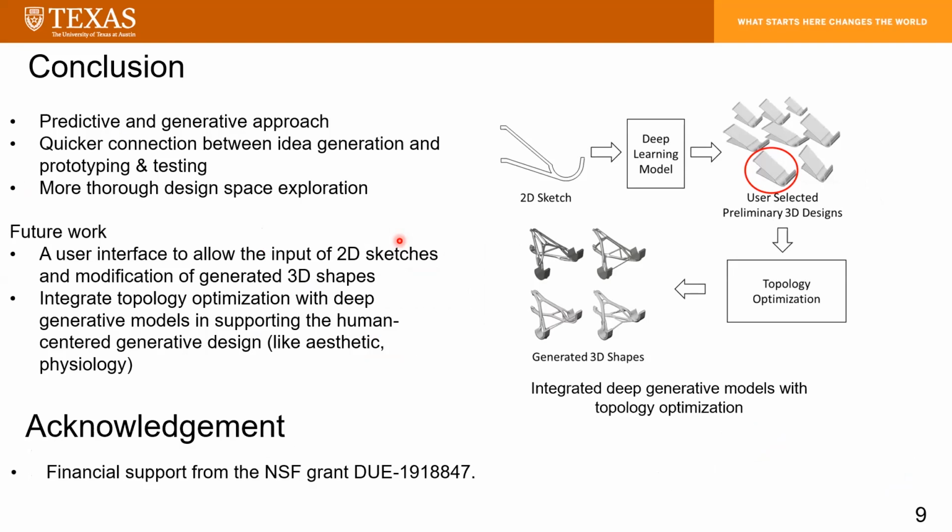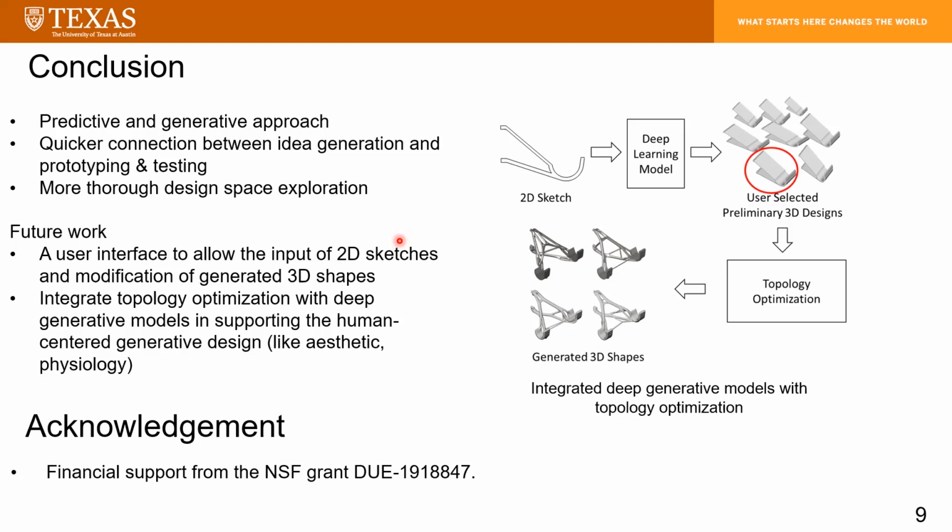We still have some limitations in the current method, because it can only deal with genus 0 topology shapes. In the future we will try to include topology optimization with deep generative models to generate more complex shapes.